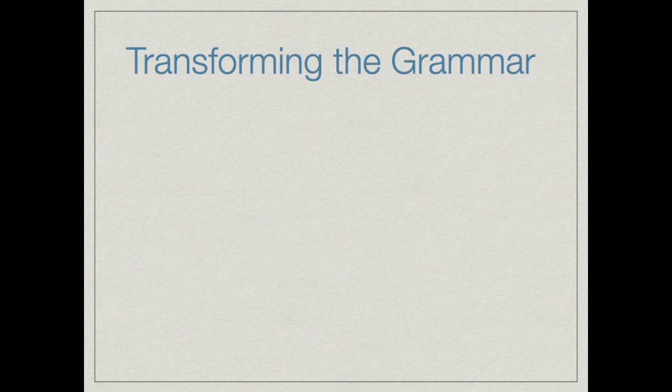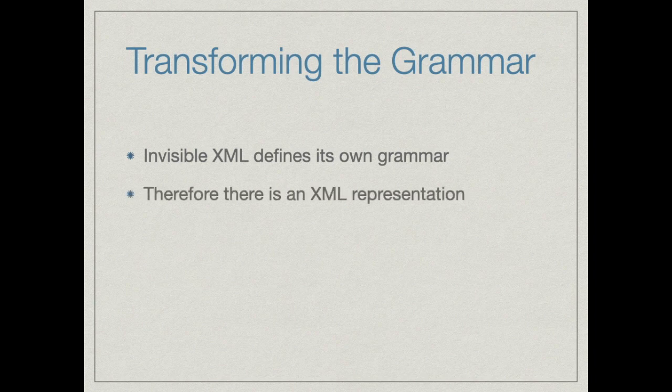The two inputs to our parser are normally presented as strings: the string which is to be parsed, which we want our parser to represent as a tree, and the grammar itself. But the Invisible XML specification defines its own grammar. This means that the Invisible XML grammar itself can be represented as an XML tree.